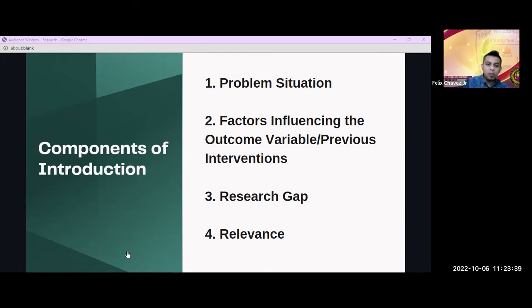And then the last component of your introduction is the relevance of your study. When we talk about relevance, we call this one a social value.